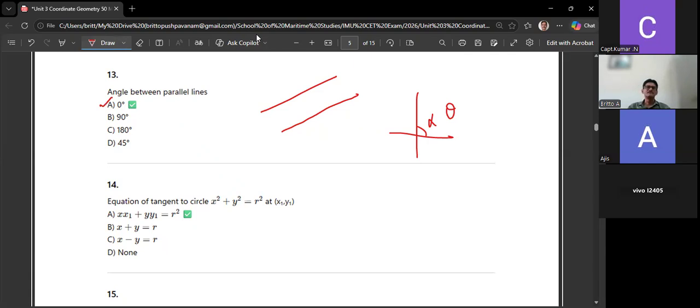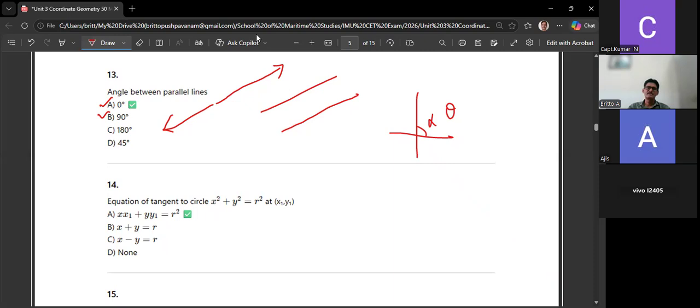Suppose, what is the angle between two perpendicular lines? The angle is 90 degrees. The angle between two parallel lines is 0 degrees. Sometimes two parallel lines may be like this, one line in one direction and the other line in the opposite direction.